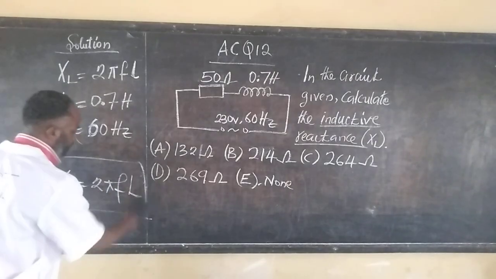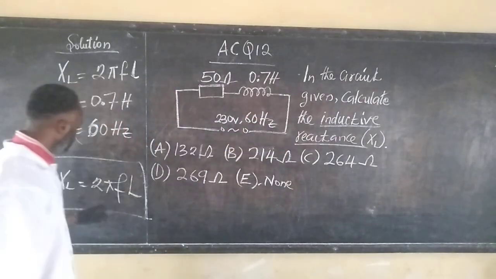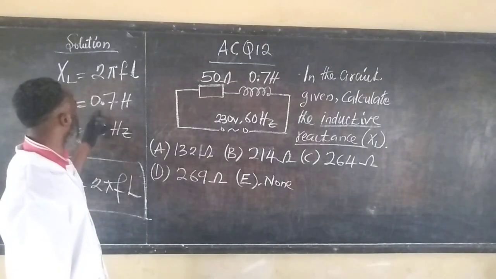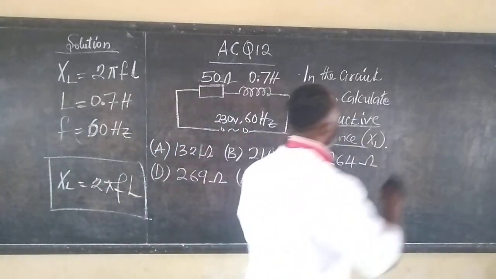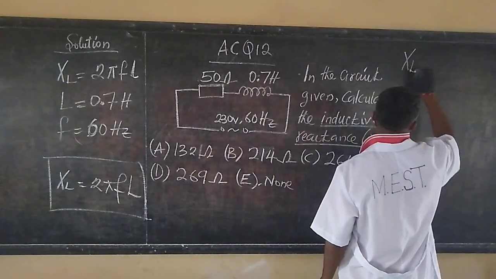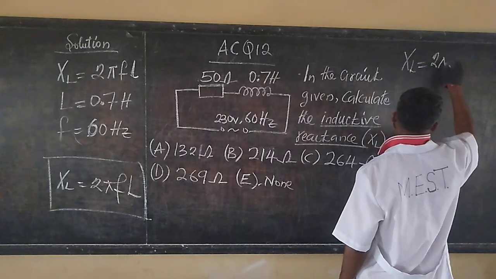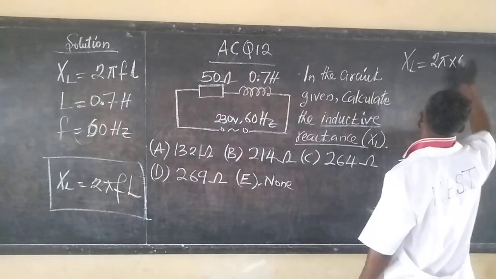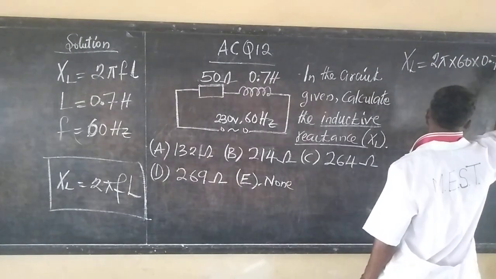With this, we can find the inductive reactance of the inductor because we have the frequency, and we have the inductance offered, which is 0.7 Henry. So at this point, we have XL is given as 2 pi times frequency, 60, times L, which is 0.7.